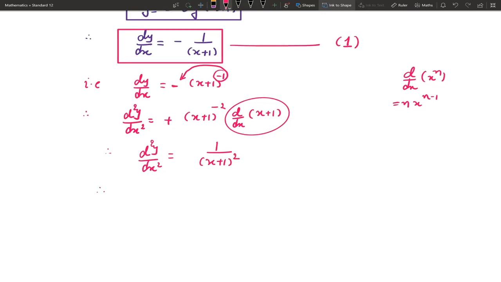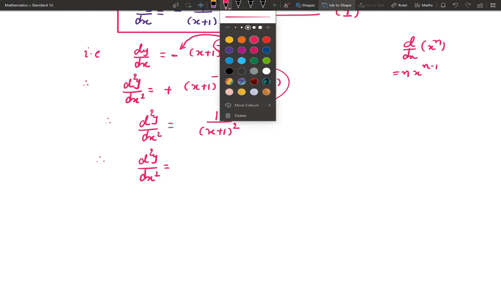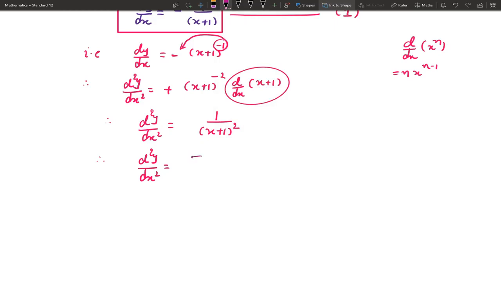To prove the given result, now check this arrangement. The right hand side can be written as minus 1 upon (x plus 1) whole square.